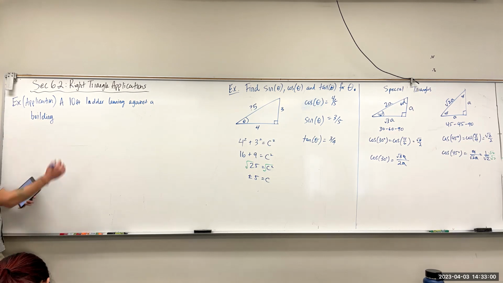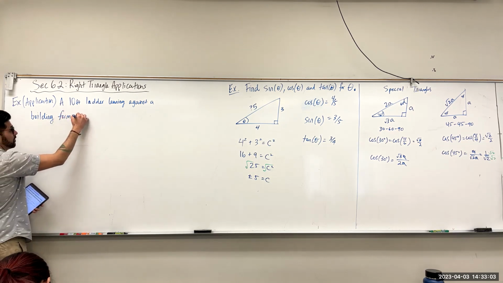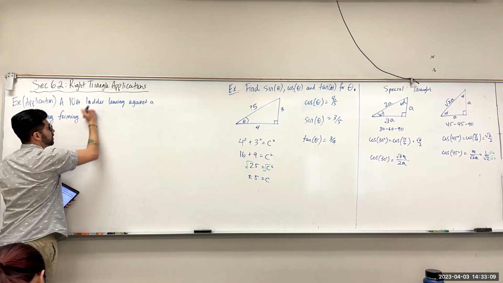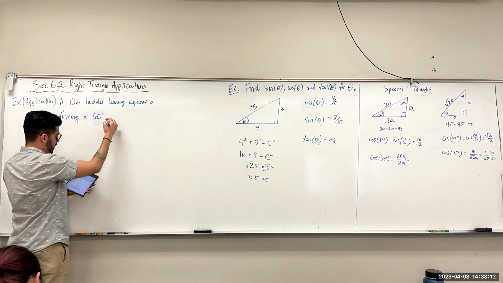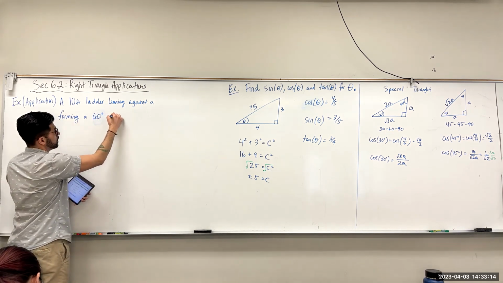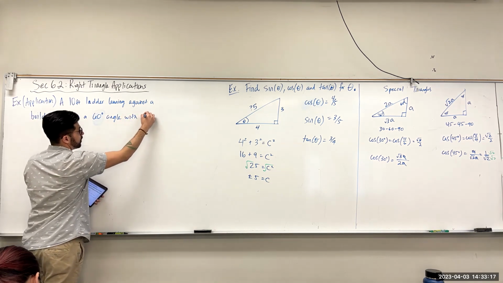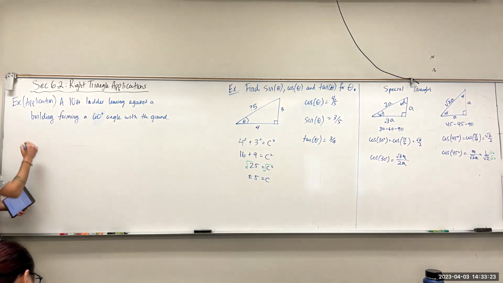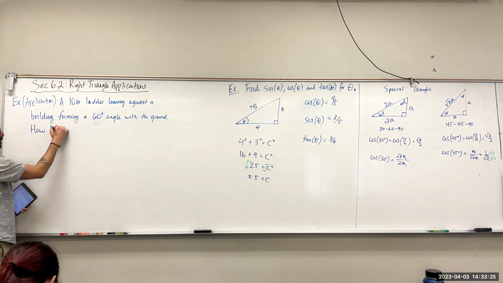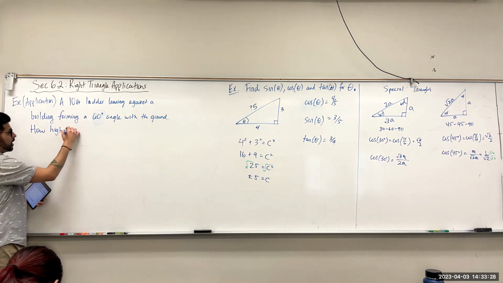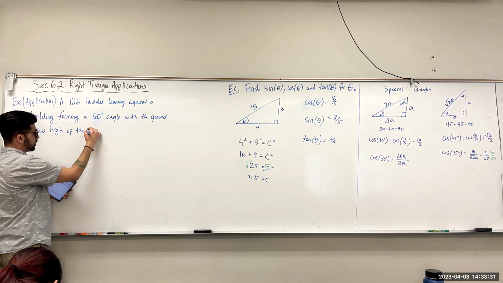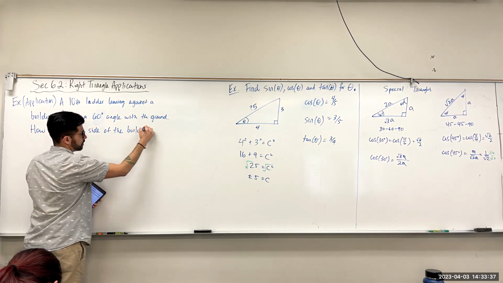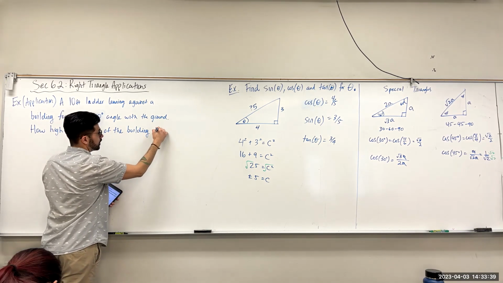Against a building, forming a 60-degree angle with the ground. And so our question is, how high up the side of the building does the ladder reach?